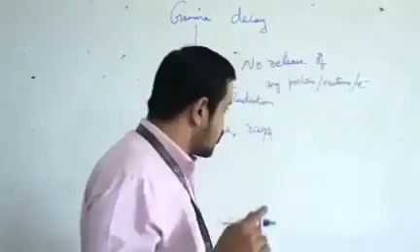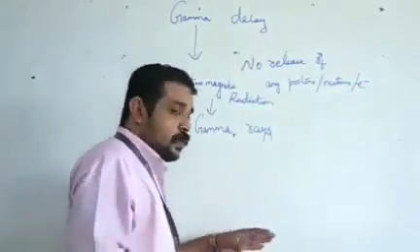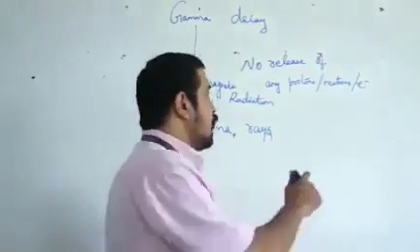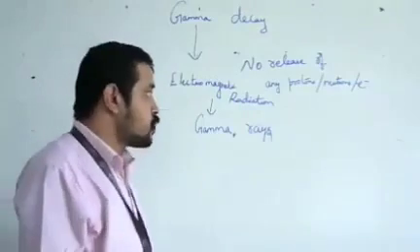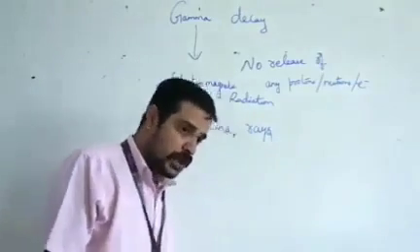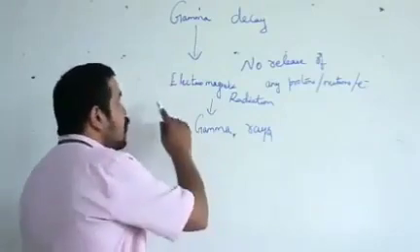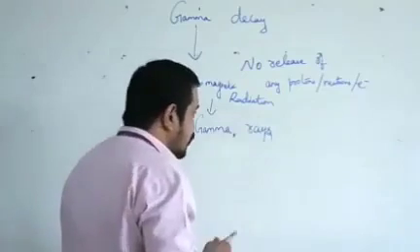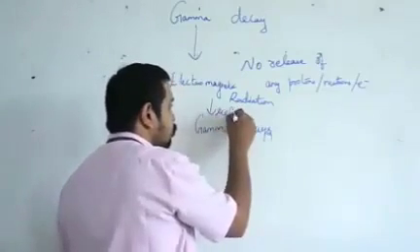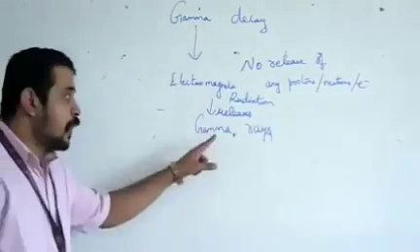Now, you have to understand the very basics of gamma decay. Like alpha and beta, we don't have any release of protons, neutrons or electrons from the nucleus of an element. But gamma decay is a kind of electromagnetic radiation that releases gamma rays.